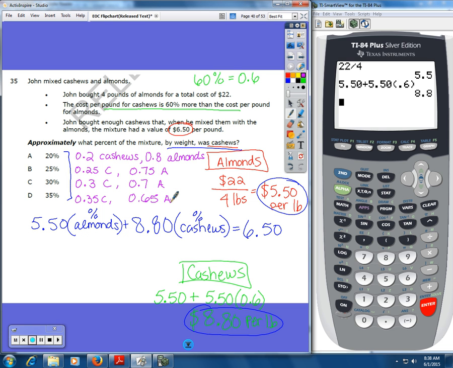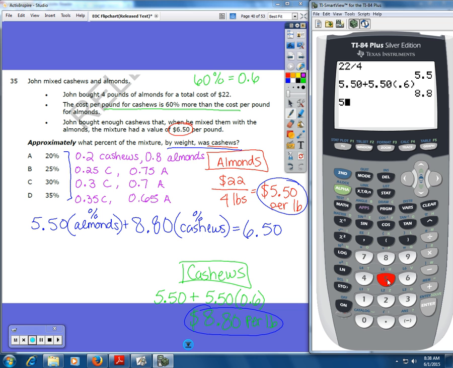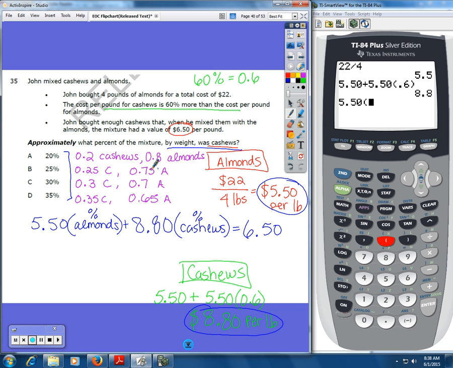that's going to give me 0.65 of almonds. So what I'm going to do is plug in these different percentages into my equation here and see which one actually gives me $6.50. So for the first one, I'm going to do $5.50 times the percent almonds, okay? And in our first option here, it says that we have 0.8 almonds and 0.2 cashews.